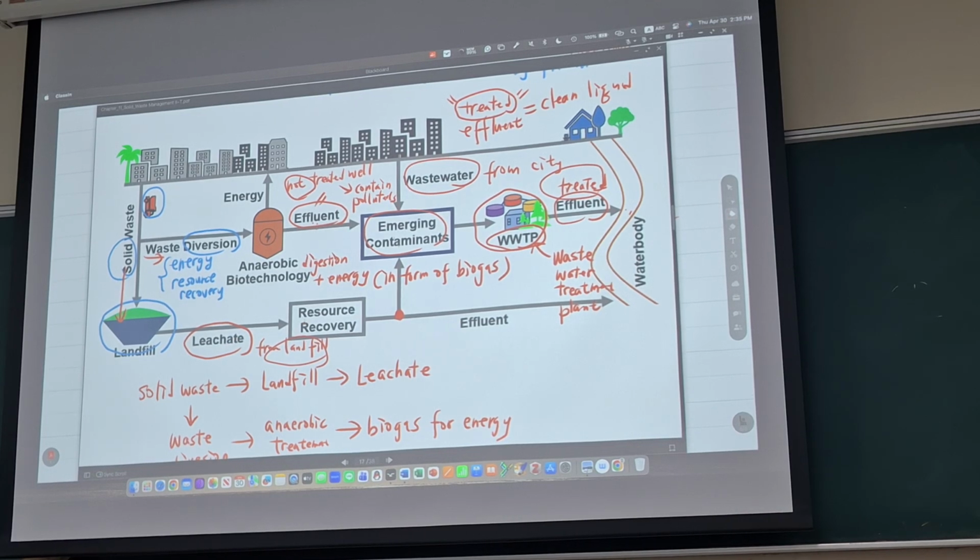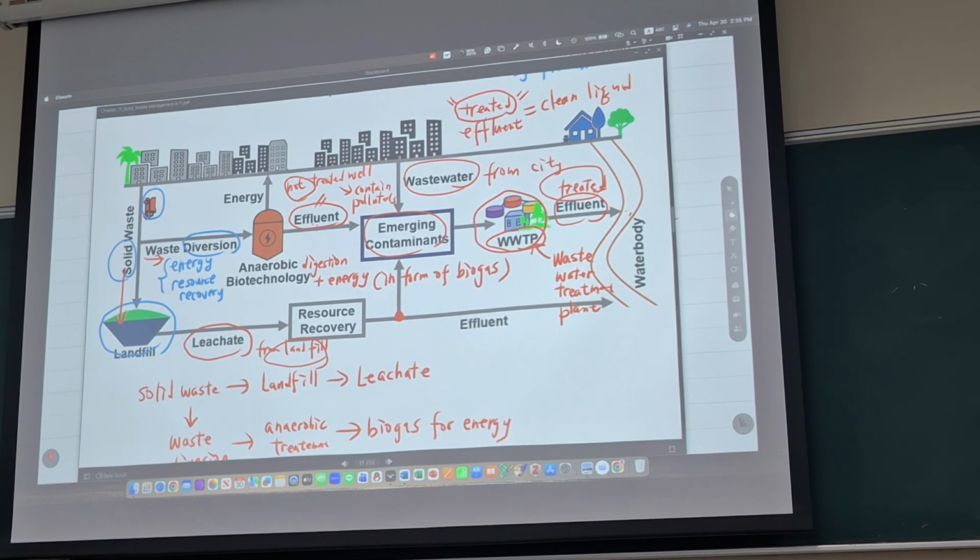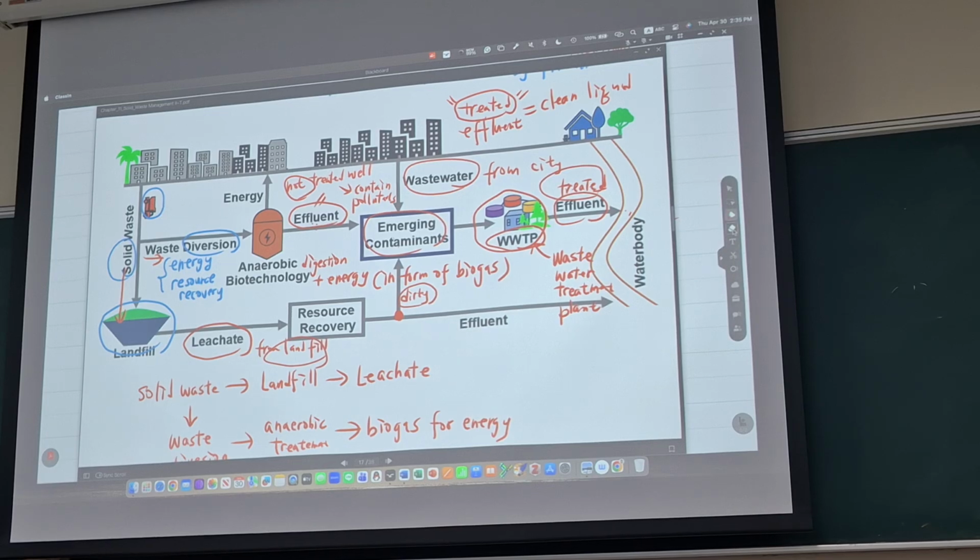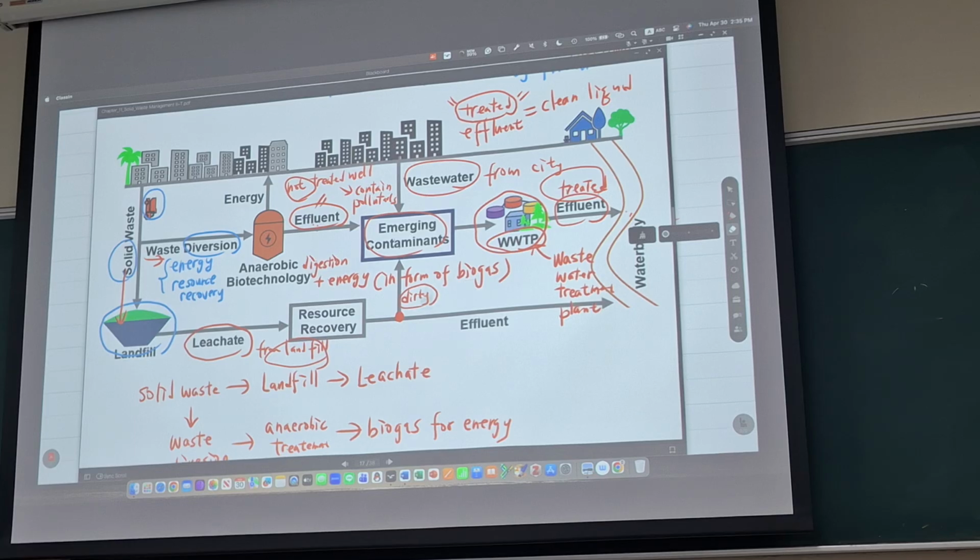Students, listen up. So the leachate will enter the resource recovery, right? If the influent is still very dirty, very contaminated, you should go to here for water treatment.